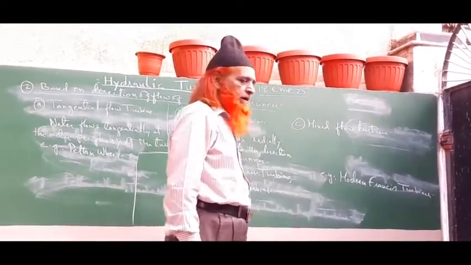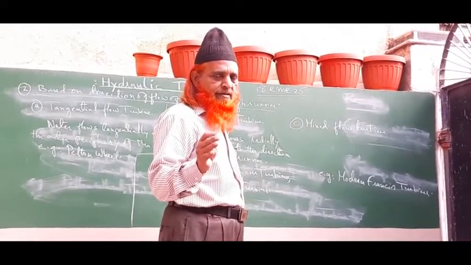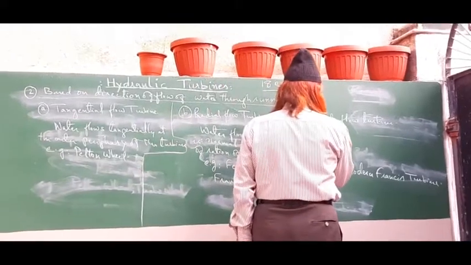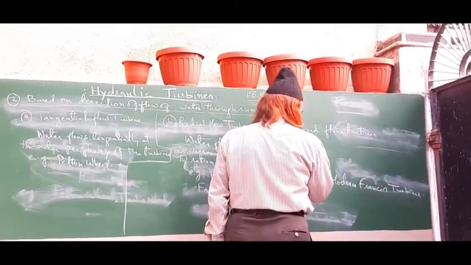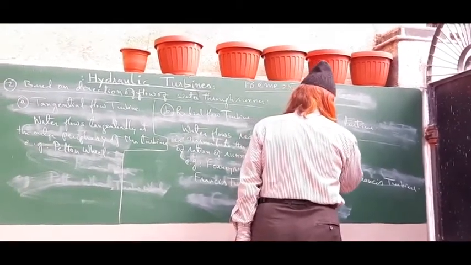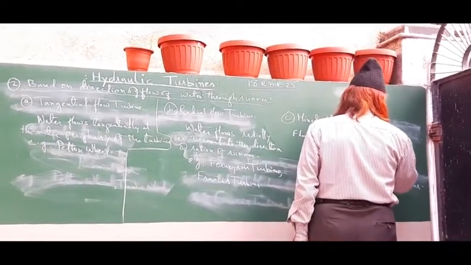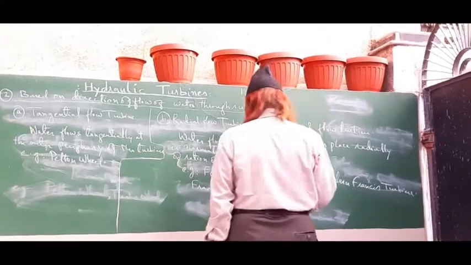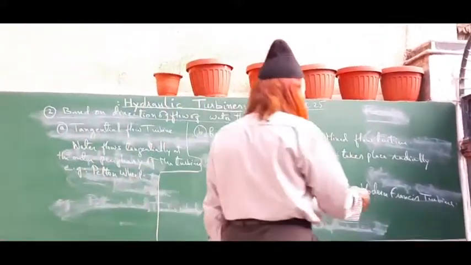Is entering radially and leaving parallel to the axis of rotation. That is radial flow takes place radially. It enters radially; we can say in another way, it enters radially and leaves axially, parallel to the axis of rotation.